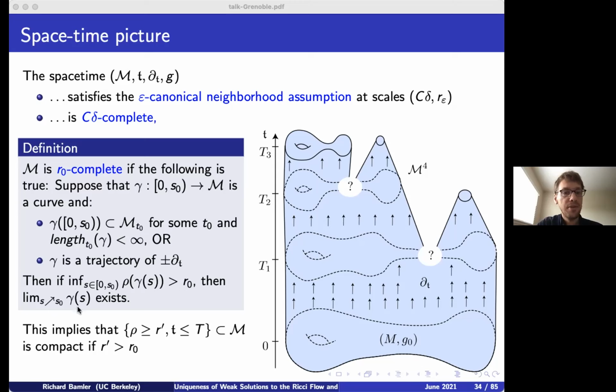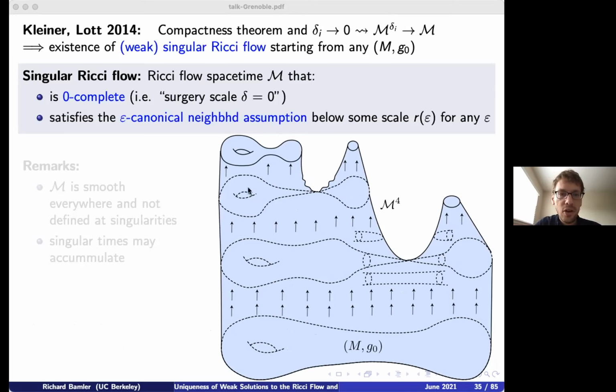So how should we imagine a singular Ricci flow? I try to draw approximately what a singular Ricci flow should look like. First of all, if we start with some initial condition, it basically looks like a normal Ricci flow or the corresponding spacetime of it. And then we may see this neck pinch, and in this singular Ricci flow, the neck pinch will just really shrink down to some kind of singular neck pinch.